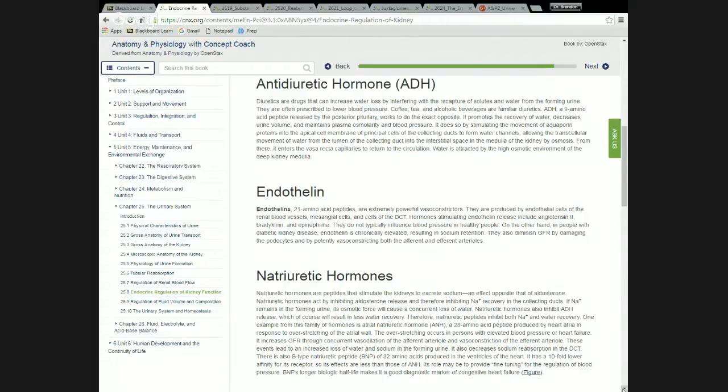These two natriuretic peptides, A and B, are released from the atrium of the heart, right atrium of the heart, primarily, and cause a decrease in blood volume through the excretion of sodium, which pulls water out of your blood. Okay.